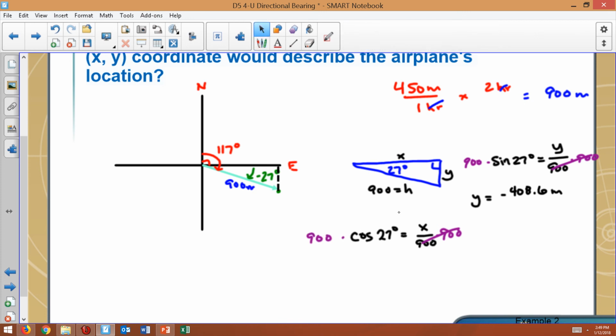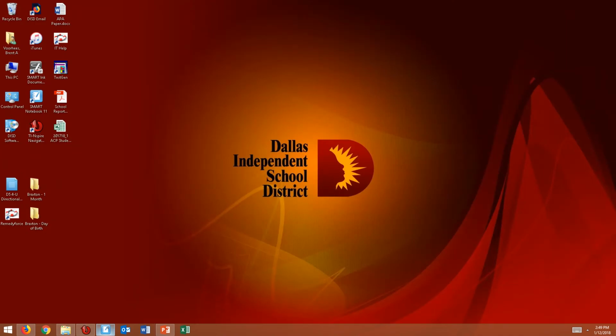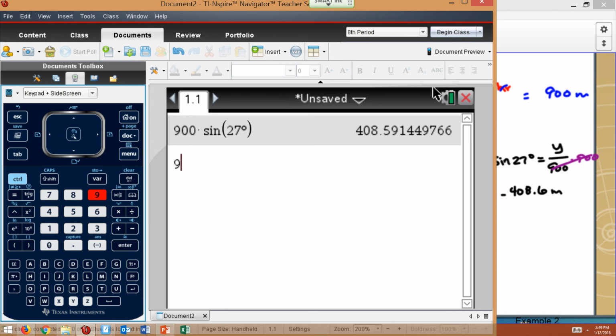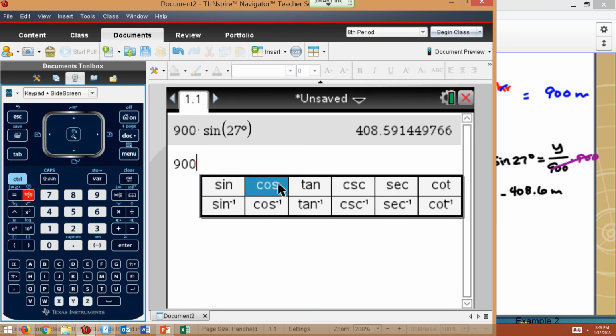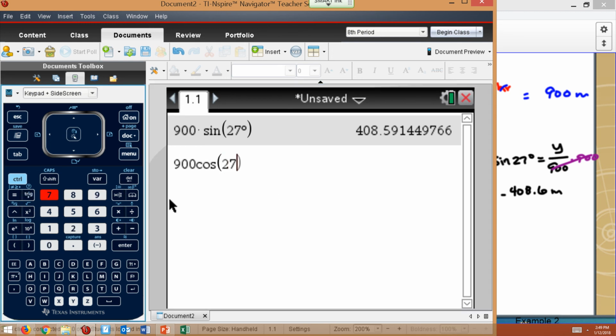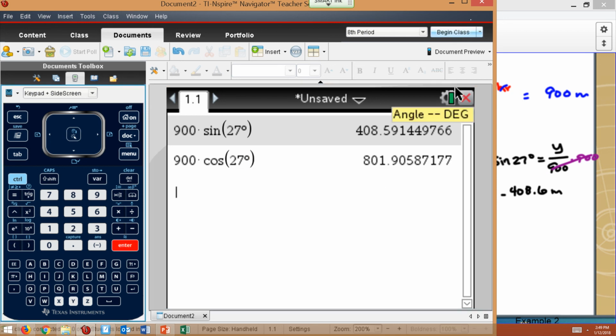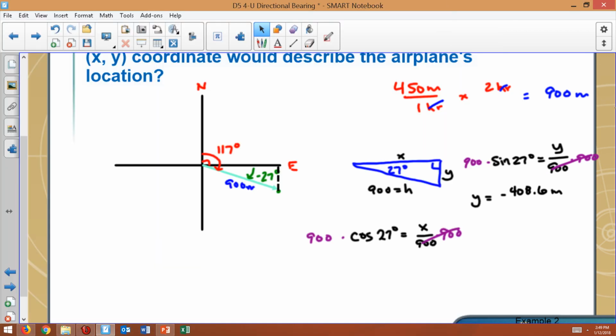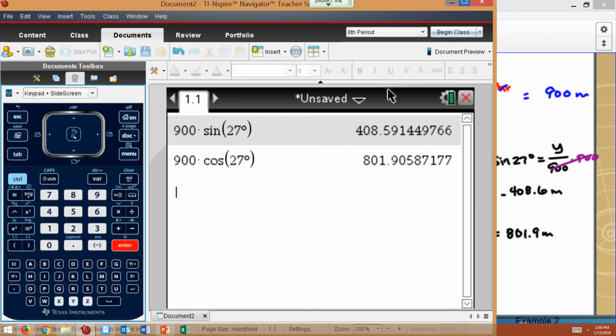And so to get the x value, I just do 900 times cosine of 27. 900 trig cosine of 27 degrees. And I get 801.9 miles. Let me make sure that's right. Yeah.